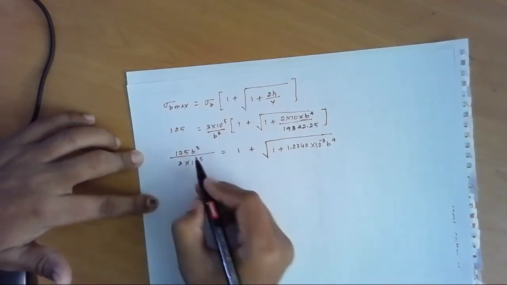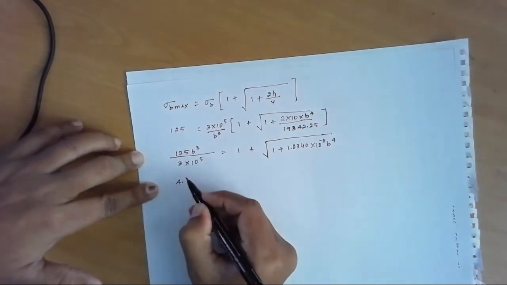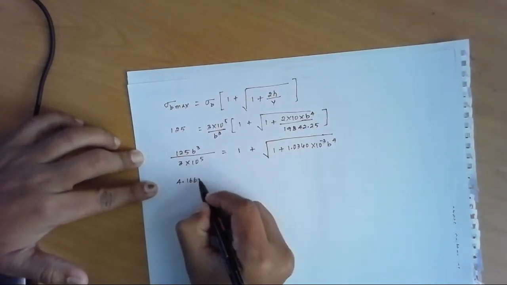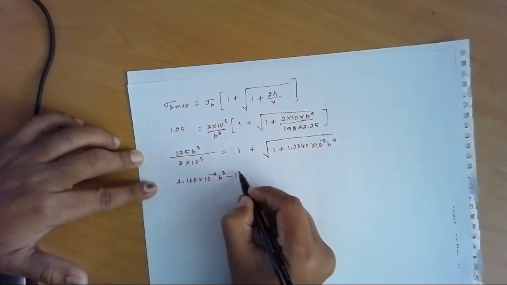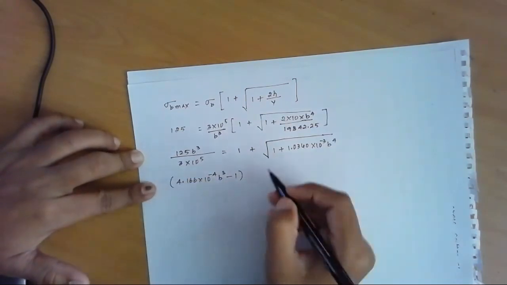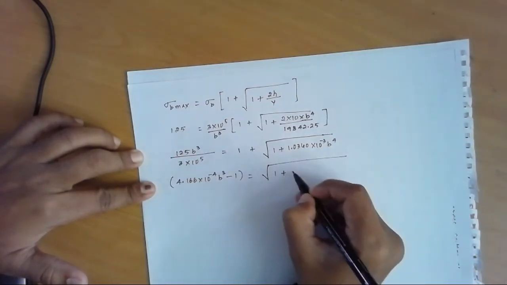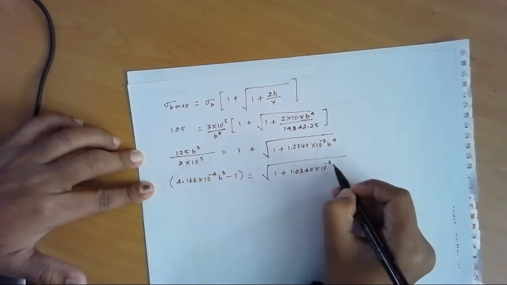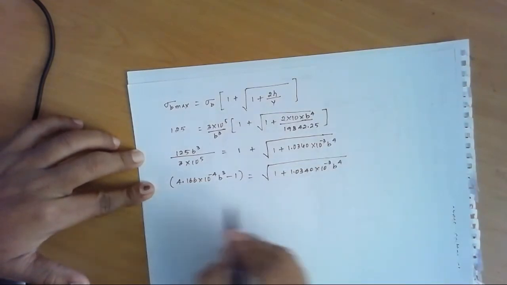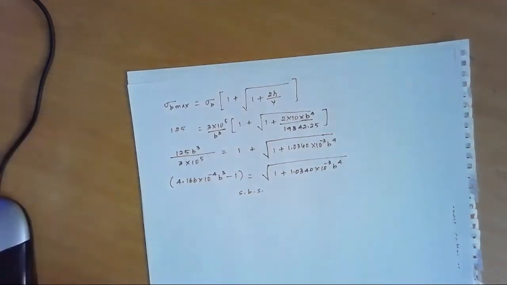So again, on simplifying these two, this will become 4.166 into 10 power minus 4 into B cube minus 1 is equal to the square root of this value, 1 plus 1.0340 into 10 power minus 3 B to the power of 4. So on squaring both the sides, we can simplify this particular equation.